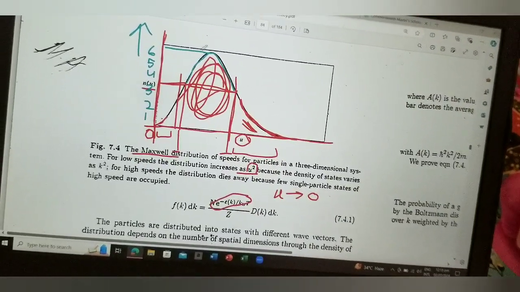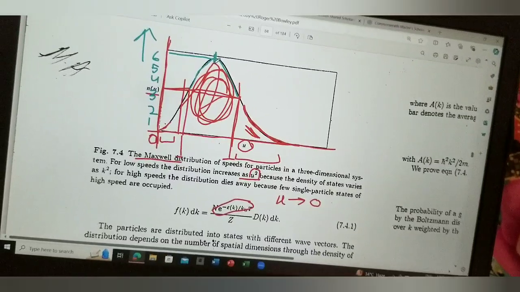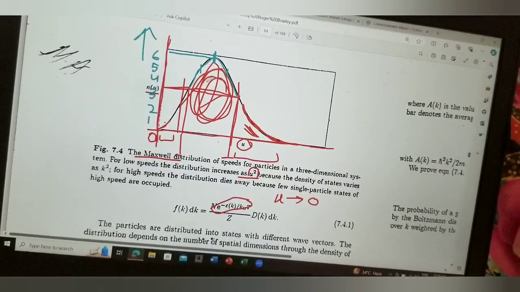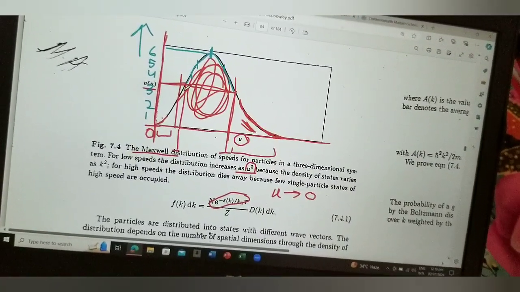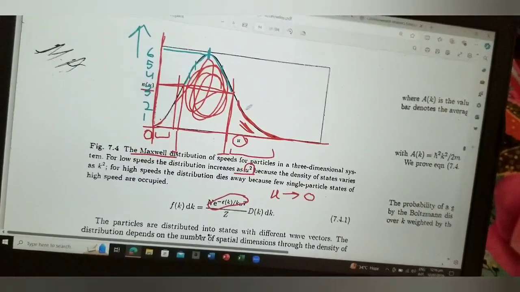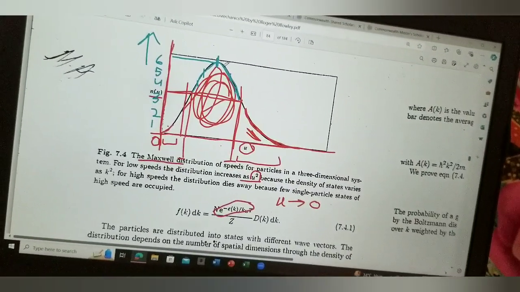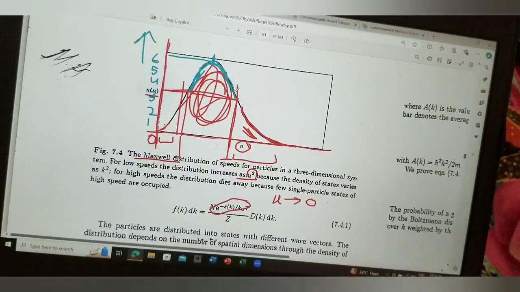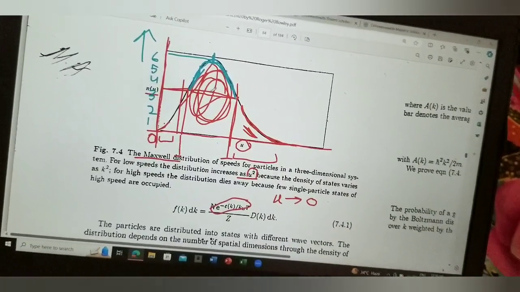There are 6 particles at this speed, 5 particles at this speed, 5 at this speed as well, 4 at this speed. For these speeds the particles are very few in number, while if you find the sum, most of the particles have speeds in this range. You can find the total number of particles very easily.